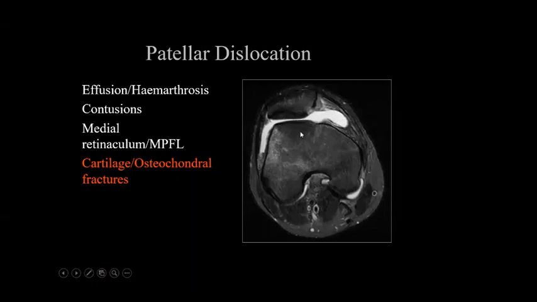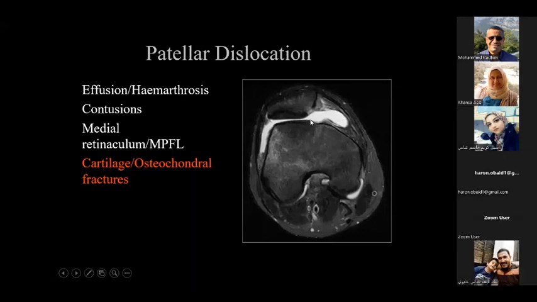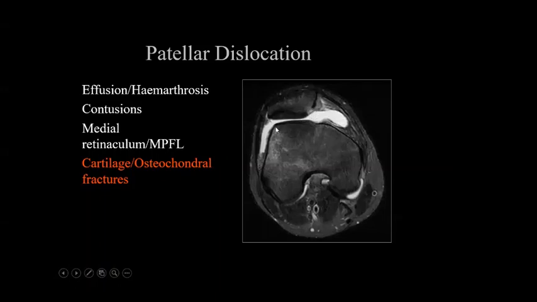Normally there should be a groove here, the trochlear groove, but here what we have is a completely flat trochlea. Because of that, we call it trochlear dysplasia. This patient had lateral patellar dislocation and also suffered osteochondral injury here because of that dislocation.